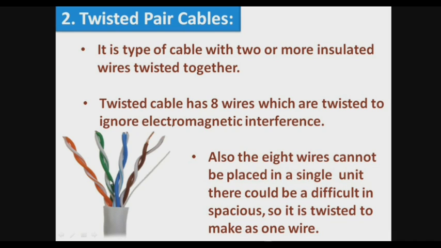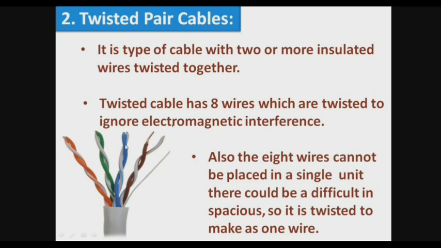Not only that, because it uses copper wires and the data transmission is analog, not digital, there is a possibility of noise interference and crosstalk. To avoid the noise signal, these wires are also twisted in opposite directions.